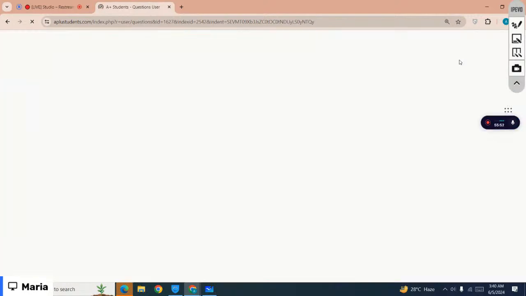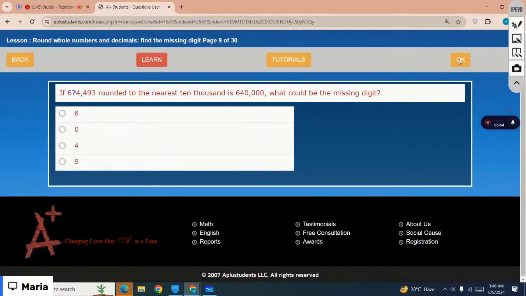Which digit makes the statement true? Which number is missing?